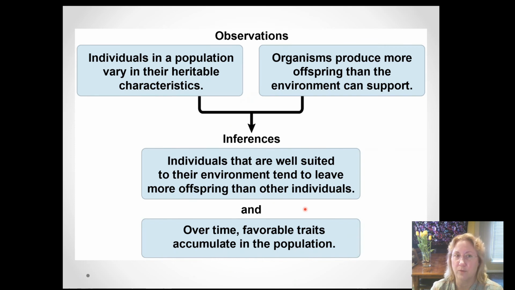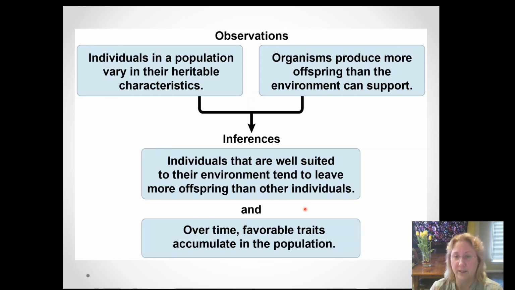We talked about his direct observations. There's variation in a population of heritable characteristics. And he knew from his conversations with farmers and animal breeders that new traits appeared, and those new traits were often heritable. Organisms produce more offspring than the environment can support, so there are individuals who don't survive every generation.